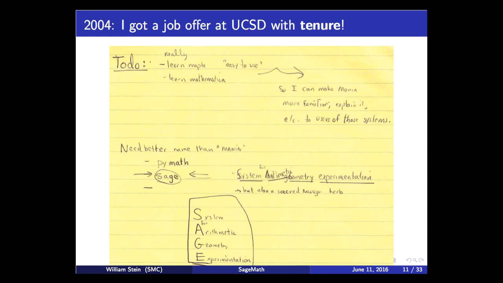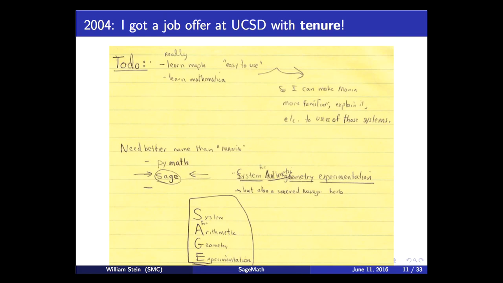But I started coming up with names, and then I made up the name Sage, thinking that if nothing else, it's an extremely easy word to make acronyms for. No one could probably come up with 20 million good acronyms in a few minutes. So it started out being System for Arithmetic Geometry Experimentation.